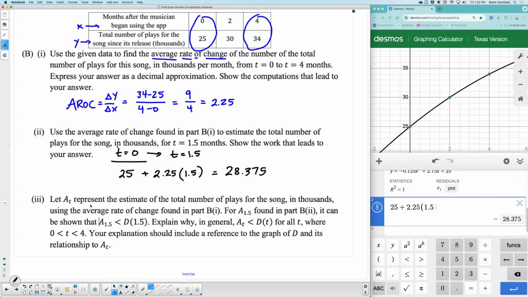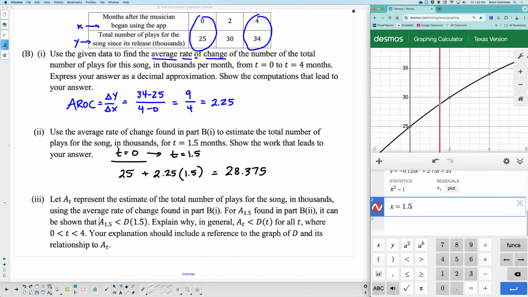Now it says, let A of t represent the estimate of the total number of plays for the song in thousands using the average rate of change found in part BI. For A of 1.5 found in BII, it can be shown that this value is less than D of 1.5. If you're not sure what D of 1.5 is, D is this model. You could just type in x equals 1.5.